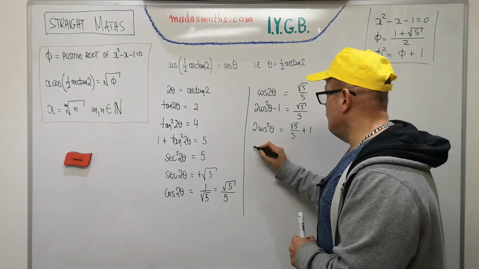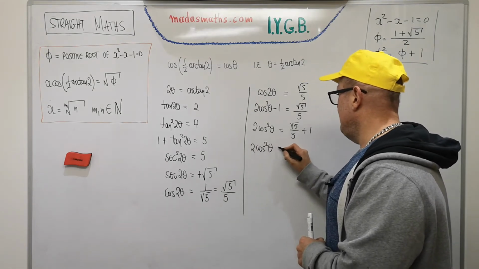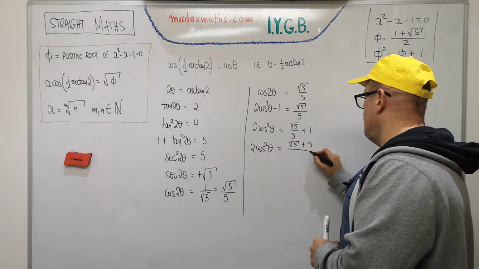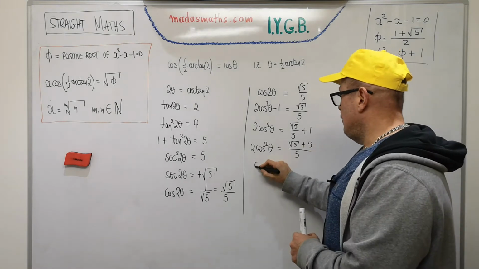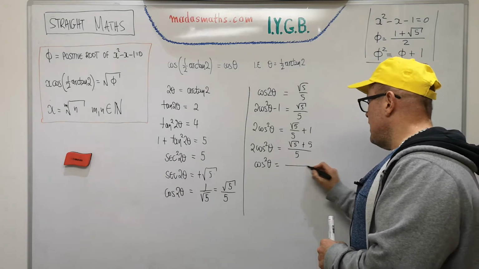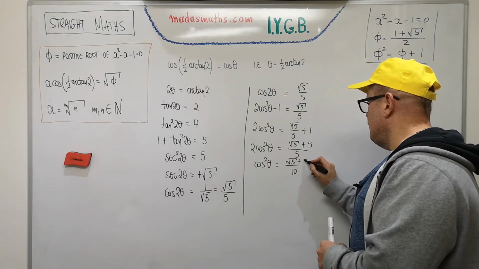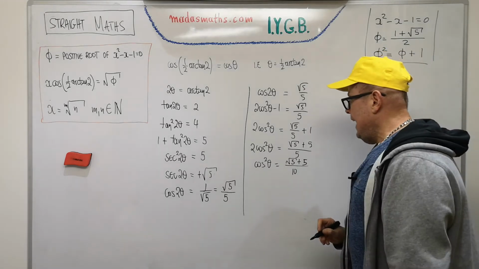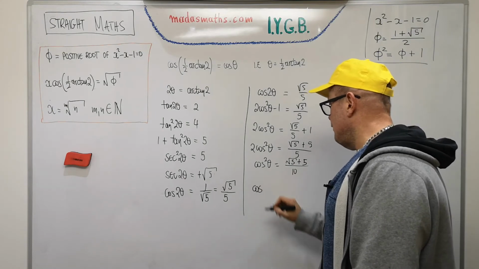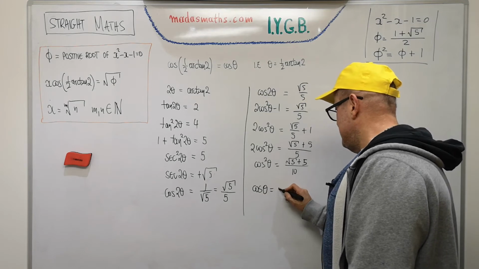Shall I put it perhaps over the same denominator first? 2 cos squared of theta is equal to root 5 plus 5 over 5, which means the cos squared of theta will be that divided by 2, so it's out of 10 now. Square root of 5 plus 5 over 10. And again, the cos of theta is the positive square root of that. Okay, so the cos of theta is the plus.